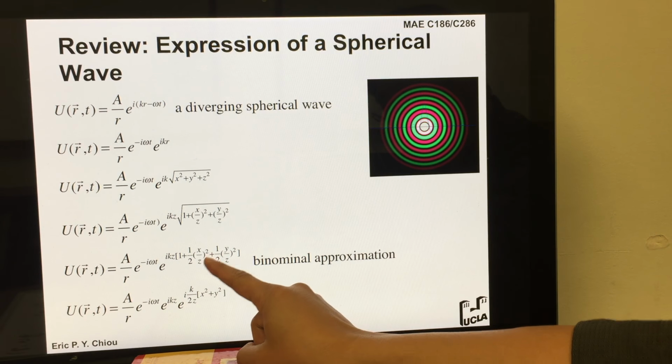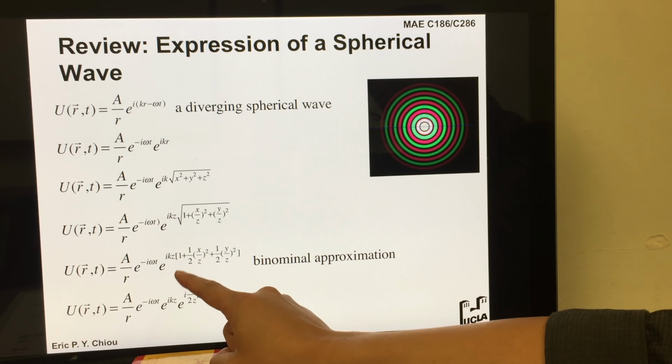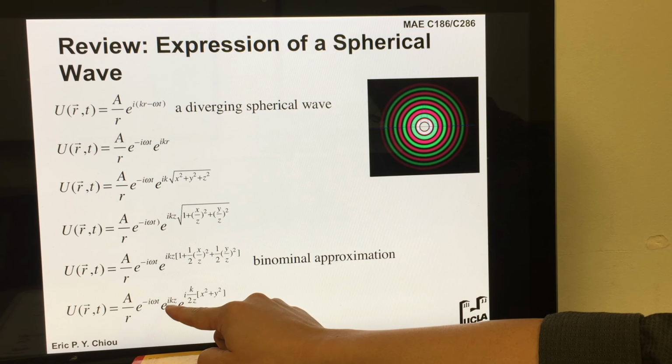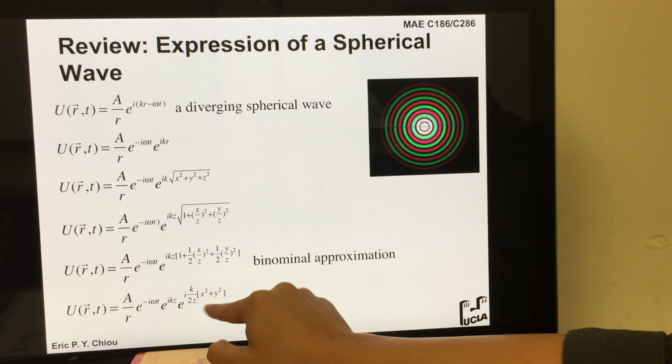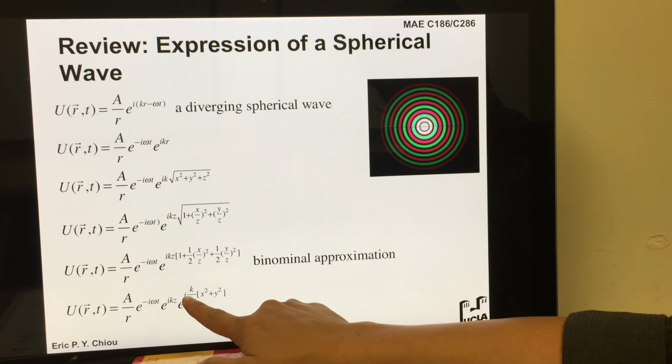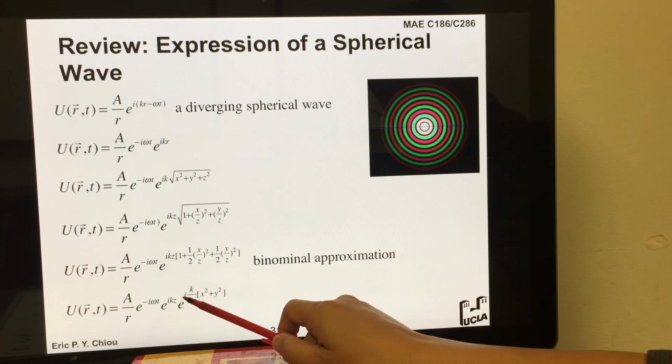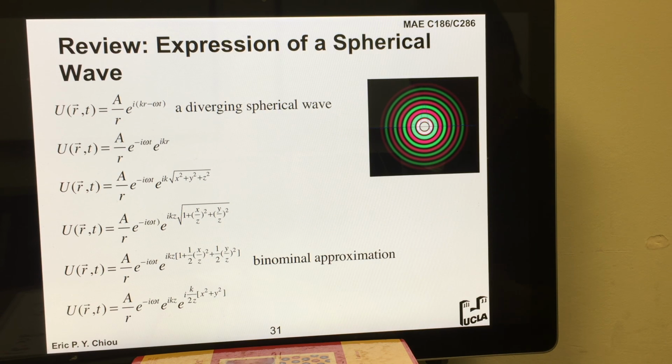So that's what you get: an extra e^(ikz) term, and the other is a quadratic phase term here. And remember this form: when you have a positive sign here, you have a divergent spherical wave.